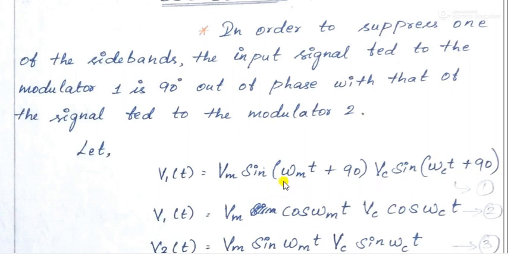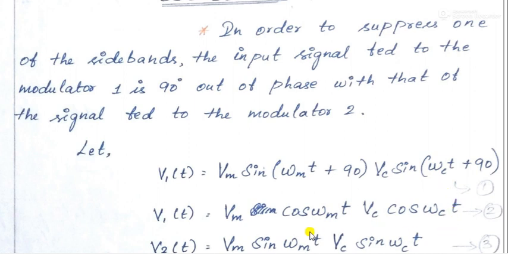Here sin(omega t plus 90), we know that in trigonometric form sin(90 plus theta) is equal to cos theta. So sin(90 plus omega m t) is equal to cos omega m t, and similarly for the carrier, sin(90 plus theta) is equal to cos theta, so cos omega c t.